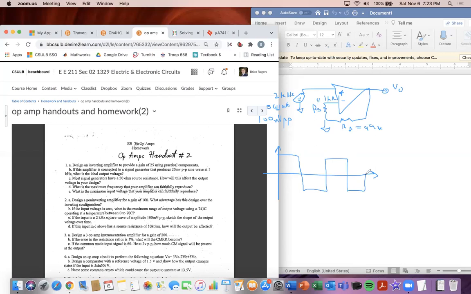Then the period would be 1 over 2 kilohertz, 500 microseconds. So here would be one period, which would be 500 microseconds, and then here would be 1,000 at the next one. This time is just in microseconds, so you guys know. And then the voltage here, this would be 50.